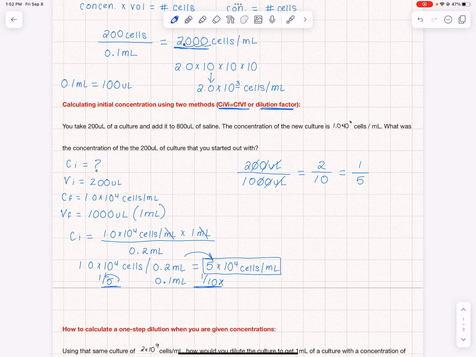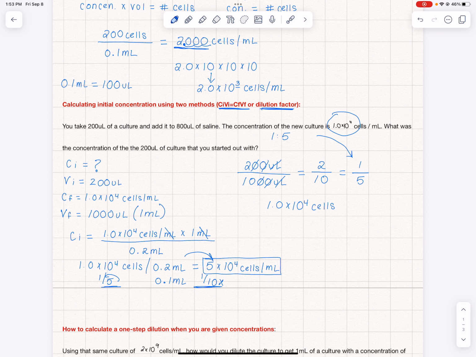And so we can look at this number and recognize that we must have done a 1-to-5 dilution or a 5-fold dilution. And so another way to think about this is if we know that this concentration here must be 5 times more diluted than our starting culture, a quick way to solve this is to calculate what 5 times the concentration of our final culture would be.